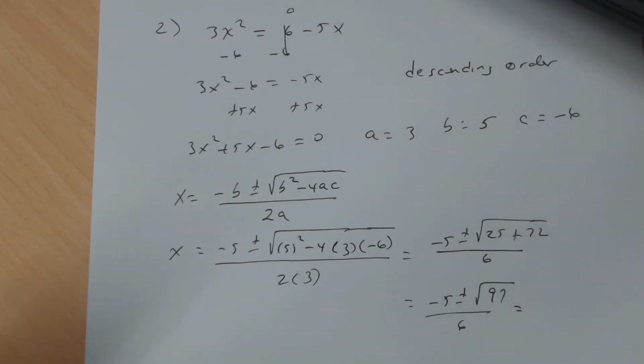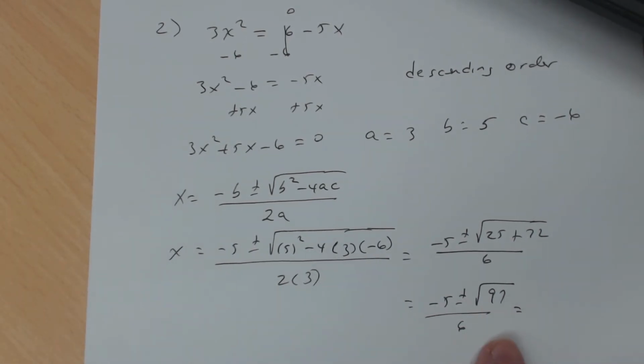And then the square root of 97, I can't simplify, but notice what happens. Since I can't simplify that, and 97 is not a perfect square, no perfect square will go into 97 other than 1, then that's your answer. We left it like this.